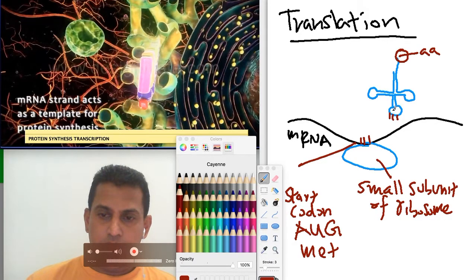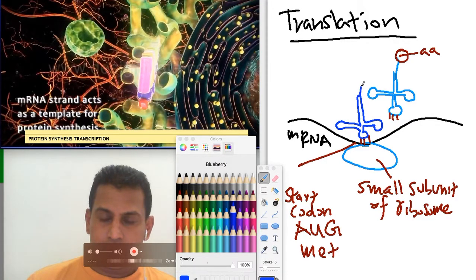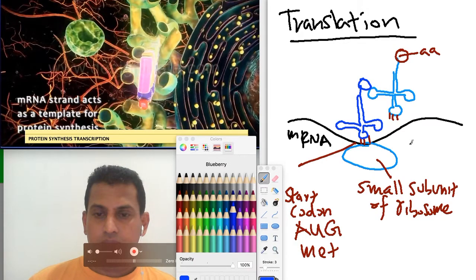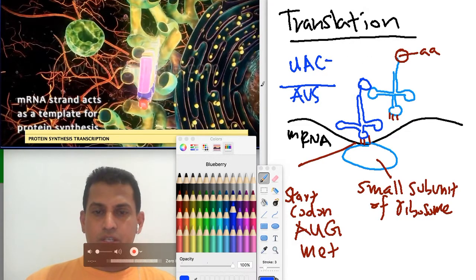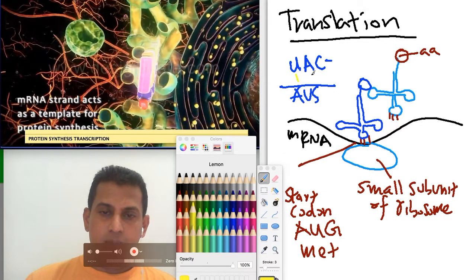So this tRNA molecule now binds to the codon here. That's complementary base pairing and hydrogen bonds are made. If it is AUG on mRNA, the complementary base pairing is A with U, U with A, and this is C. The tRNA molecule has UAC and they make the hydrogen bonds like this.